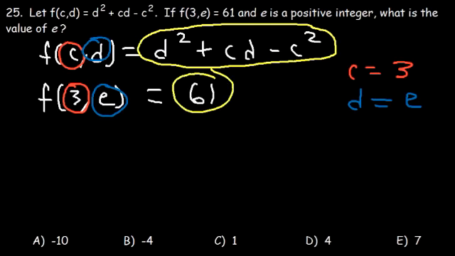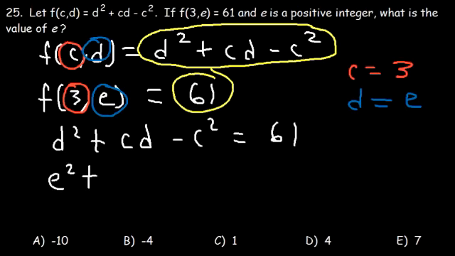So we can therefore make the statement that d squared plus cd minus c squared is equal to 61. And we can replace d with e and c with 3. So instead of writing d squared, we're going to write e squared plus, and then we're going to replace c with 3, so 3 times, instead of writing d, we're going to write e again, and then minus c squared, or 3 squared, and that's equal to 61.